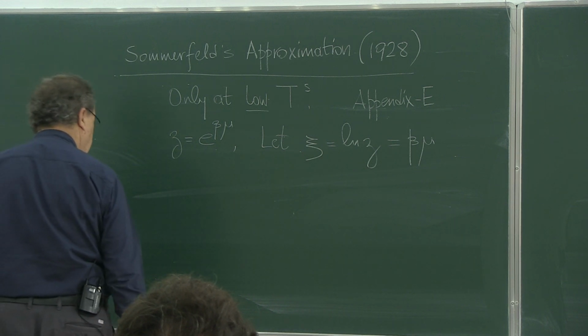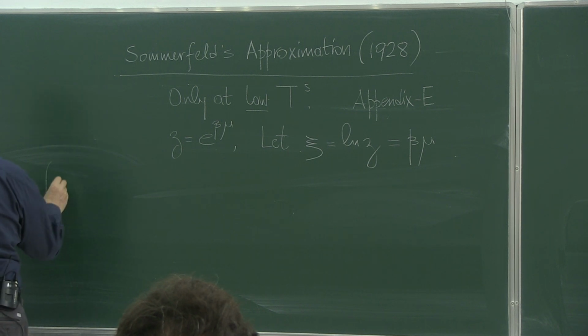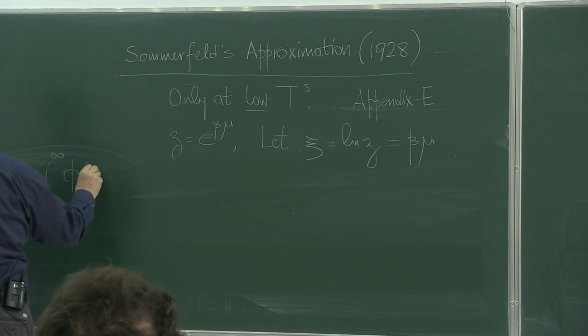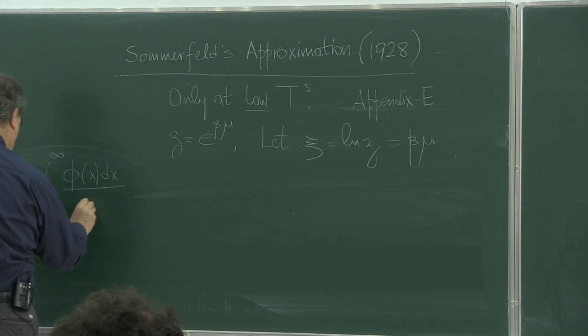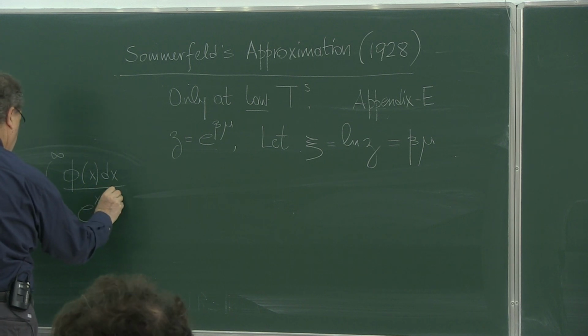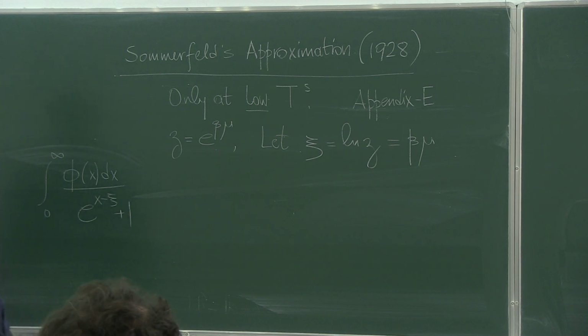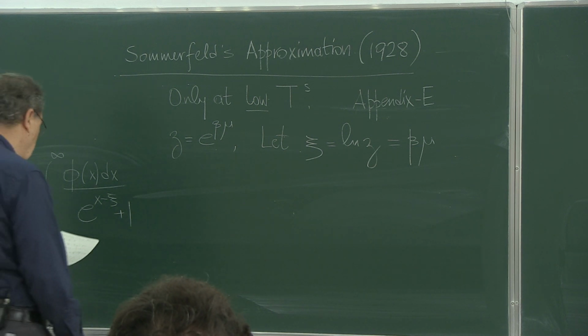This approximation is exactly like this one: an integral from 0 to infinity of phi(x) dx over e to the (x minus c) plus 1. This is the Fermi-Dirac distribution function times a function whose integral is taken.